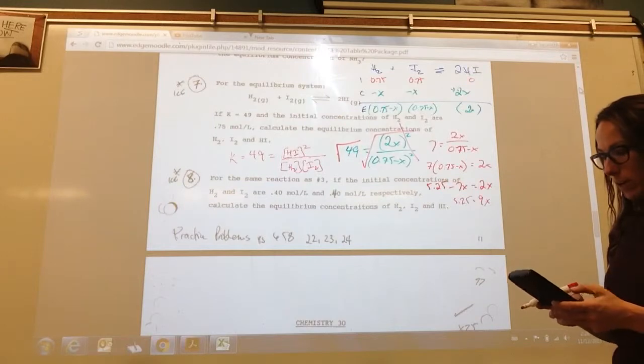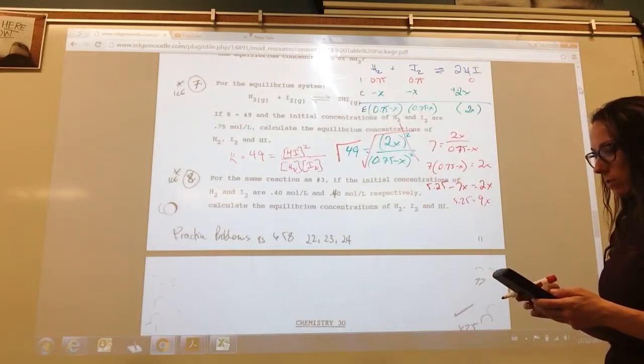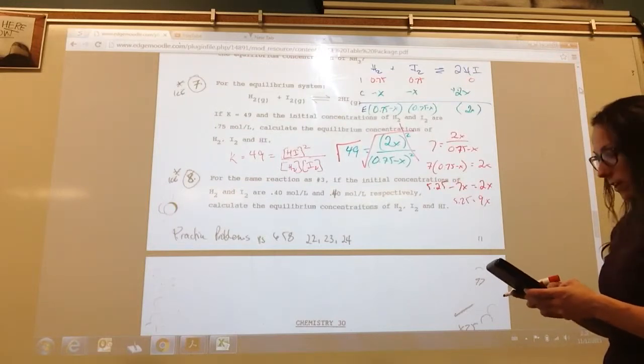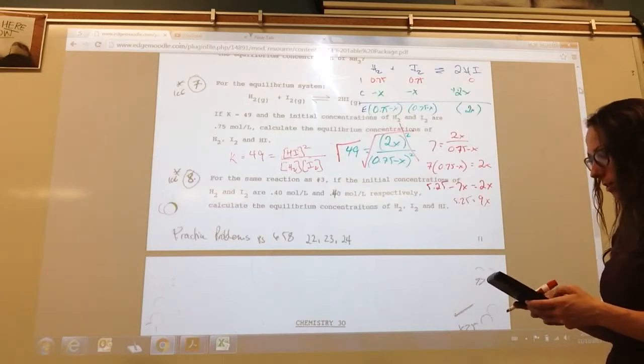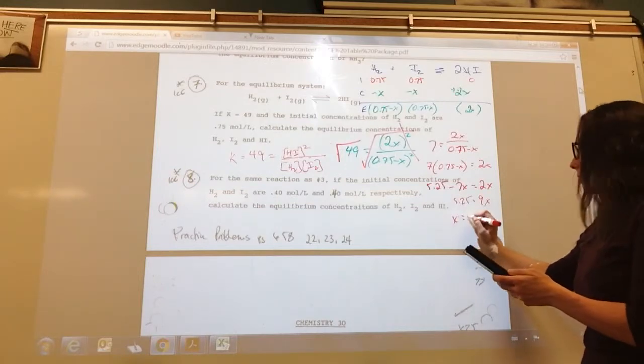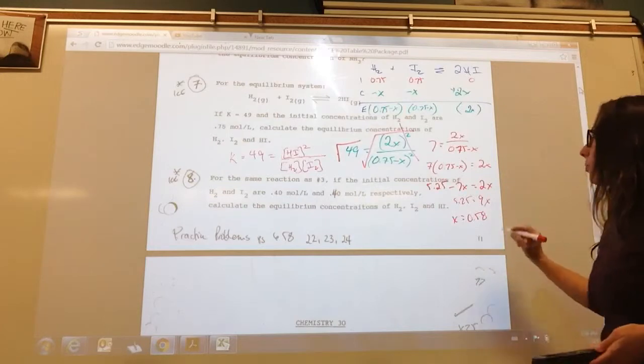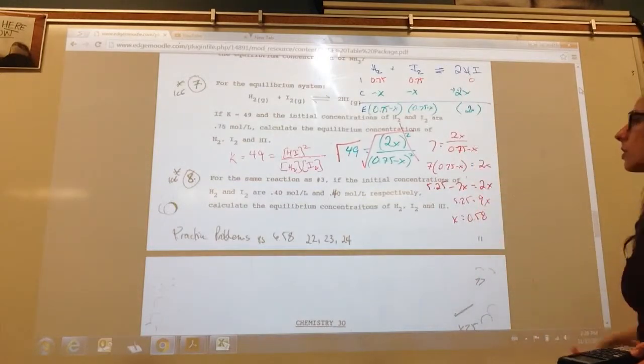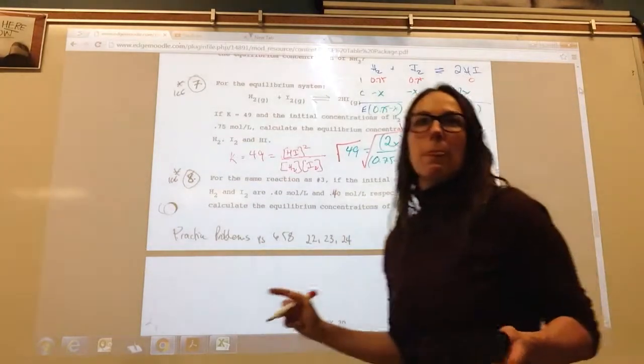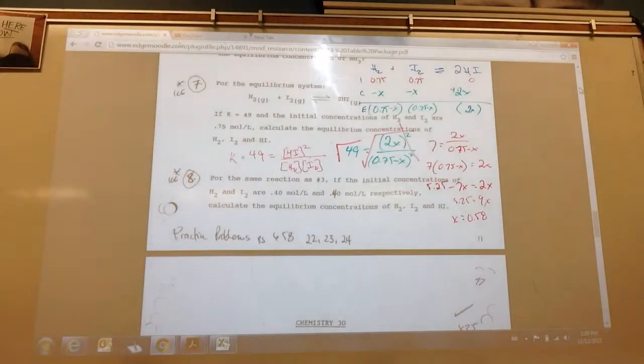And so divided by 9, x equals 0.583 repeating, but I only have 2 significant digits, so 0.58. And at this point, the mathematician in you goes, woohoo, done, circle the answer, move on.